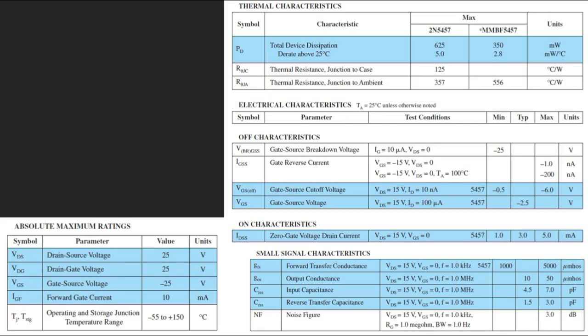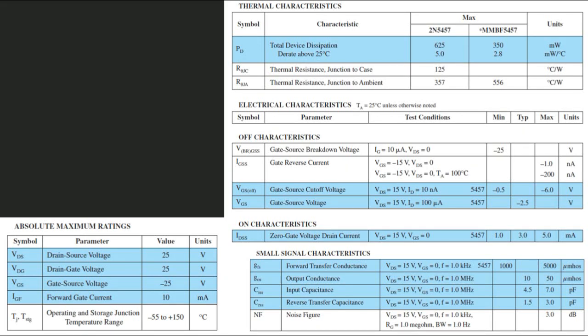Here you can also see some physical devices. You have a device like this which has very long legs, and you also have integrated circuit type devices which can be integrated on your PCB board. So every type of device is available in the market.